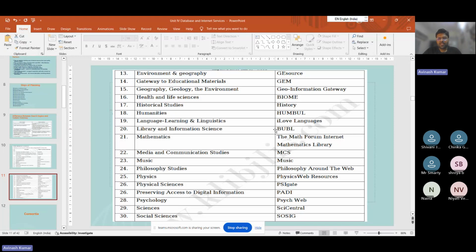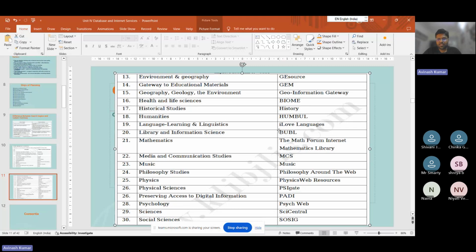You can find this question, actually question number 20 in Library and Information Science, which was asked in the UGC NET examination: what is BUBL? If you have no idea about subject gateways, you will not be able to answer it.